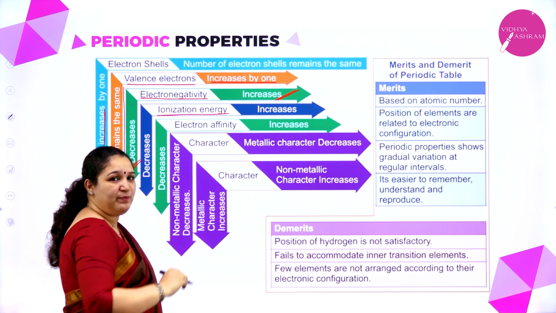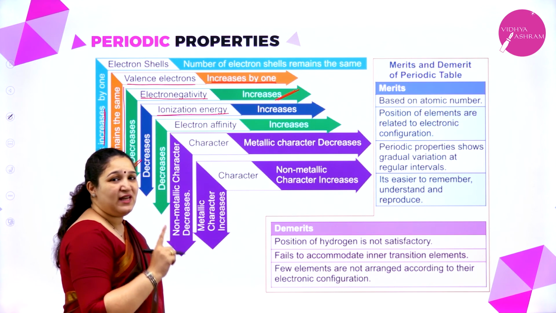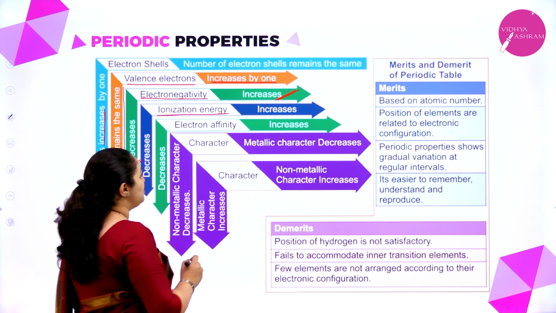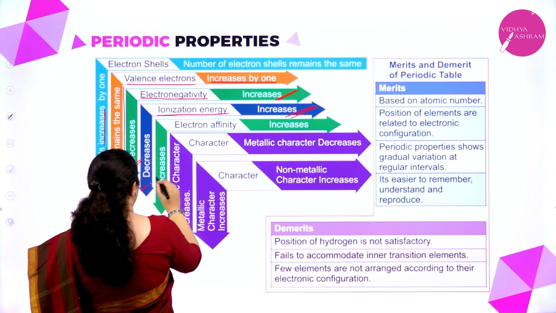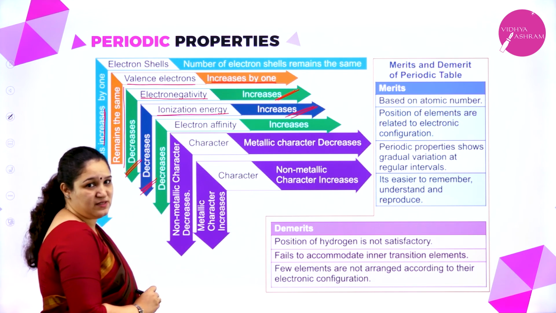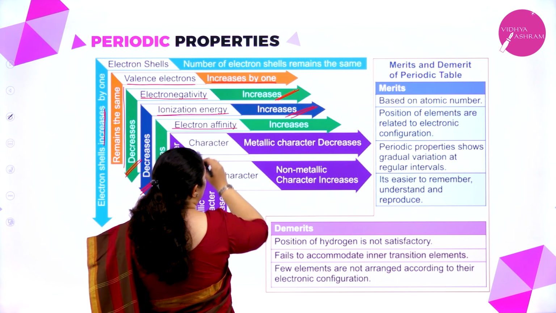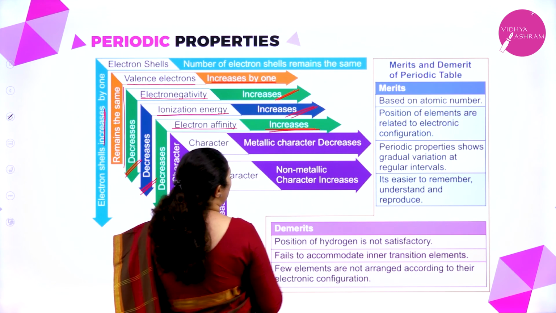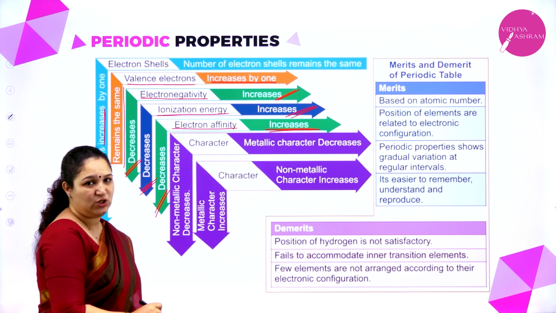Next we have ionization energy or ionization enthalpy. As we move along the period, what is happening? It will increase. Why? Because the atomic size is decreasing. So ionization enthalpy will increase, and down the group it will decrease. Similarly, electron affinity increases as we move along the period and decreases as we move down the group.